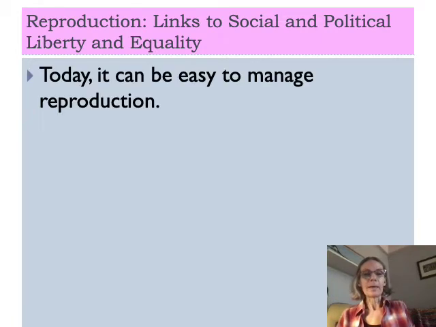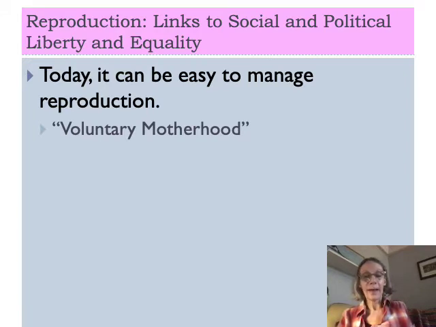Today, it can be pretty easy to manage reproduction. Due to access to contraceptives, when you plan to get pregnant, it's a choice that you make with your partner, saying that you're ready to start a family.